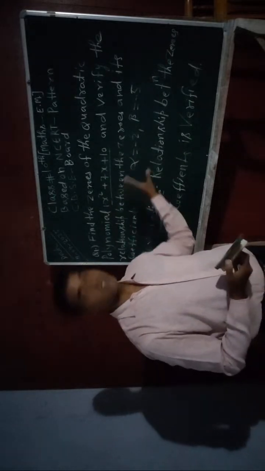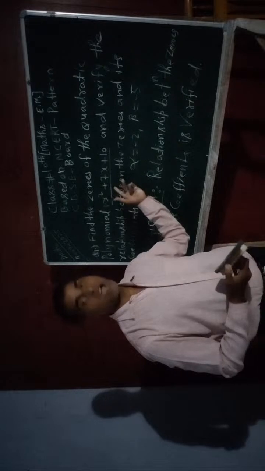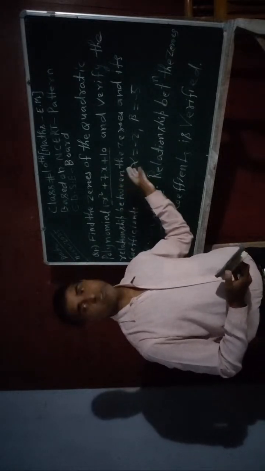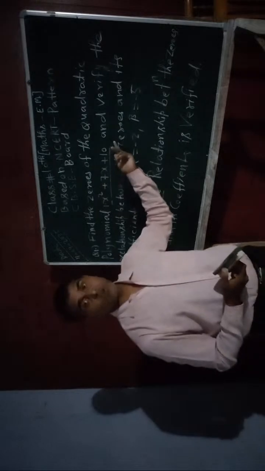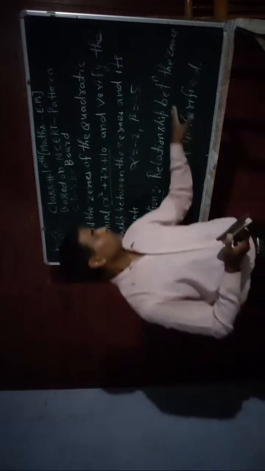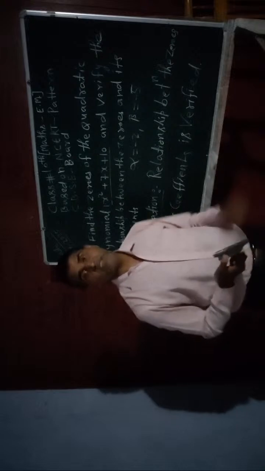So this is condition 1, and for condition 2, I have taken the product of the two zeros, that is alpha into beta. I have got 10 divided by 1. It means 10 is the constant term divided by 1, the coefficient of x square. So I have got the same condition in both cases. Therefore, the relationship between zeros and its coefficient is verified.